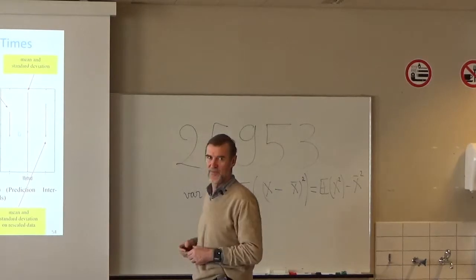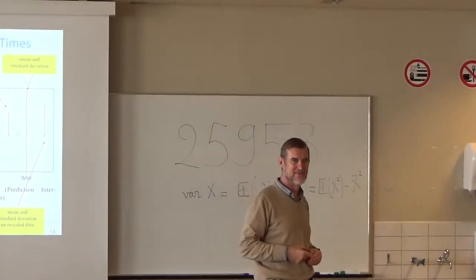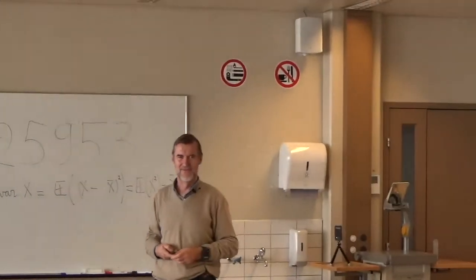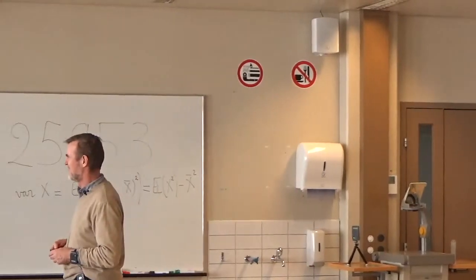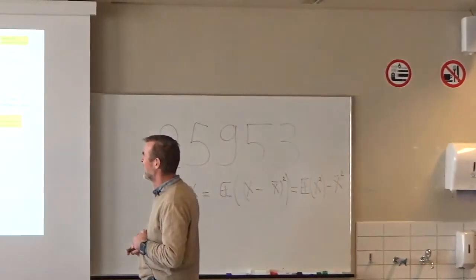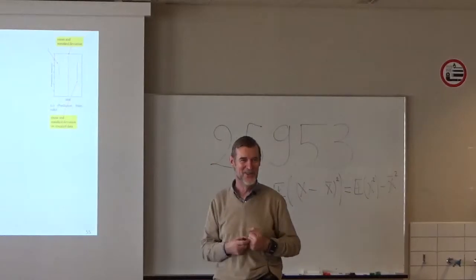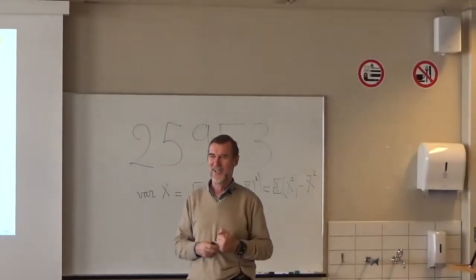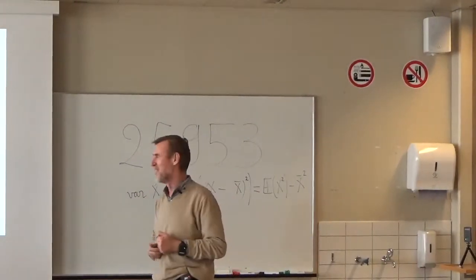Well, yes? So then did you transform back the mean, take the exponential of the mean of the log? That's a very good question. In fact, that's the question I'm asking you now. How did I do this transformation?